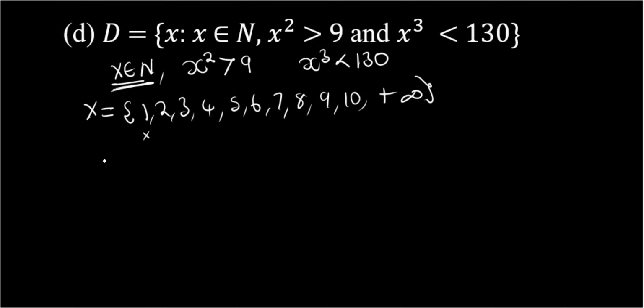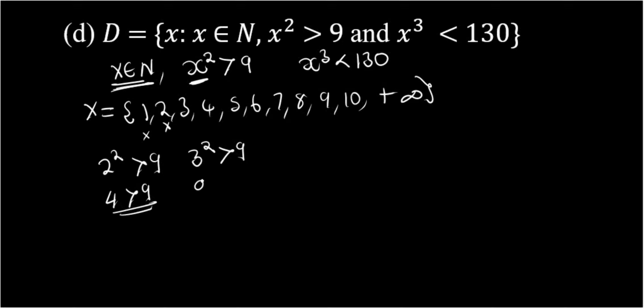Then you get 2. Substituting for x, 2 squared is 4. Is it true that 4 is greater than 9? That is false, so 2 is not qualifying. You get 3, and 3 squared is 9.